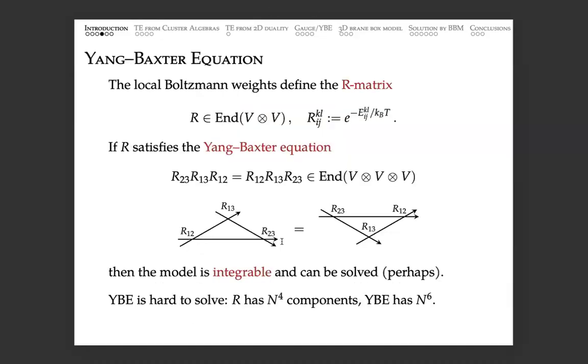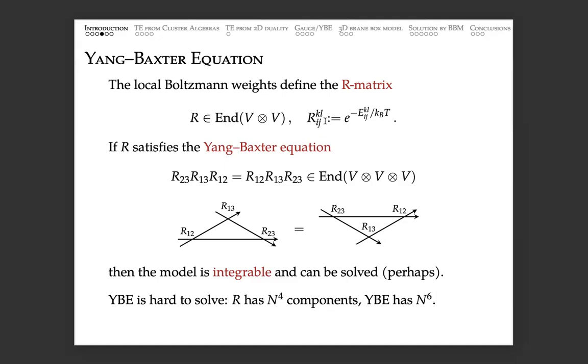Now, how can we talk about integrability? To talk about it, we introduce something called the R matrix for this model. The local Boltzmann weight, which is the exponential of minus E_ijkl divided by k_B, the Boltzmann constant, times temperature, is a local Boltzmann weight for that interaction. Let's rename it R_ijkl.